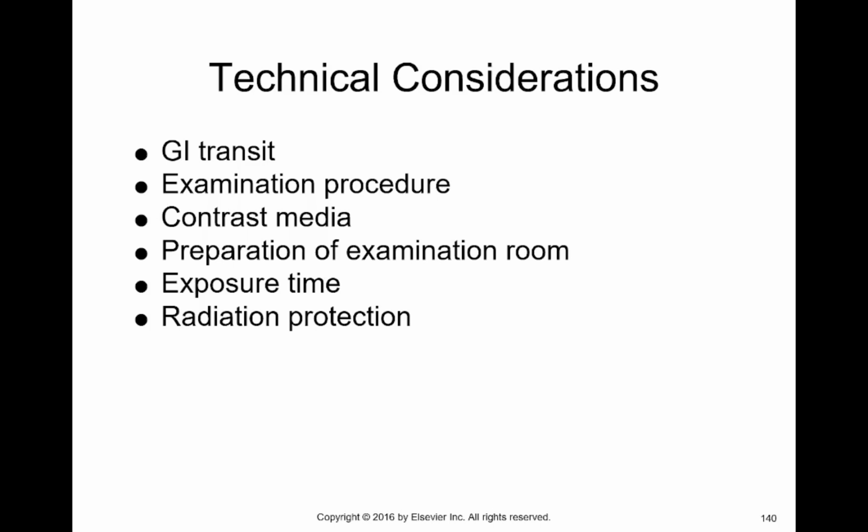So understanding GI transit, if you understand that it's going to take an hour and a half, maybe even 2 hours for the contrast to make it to the ileocecal valve, then you understand that you're going to have a patient for a little while. So because of the examination procedure and the GI transit, you're not going to be taking x-rays very often.